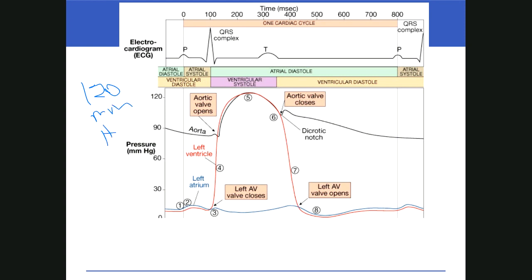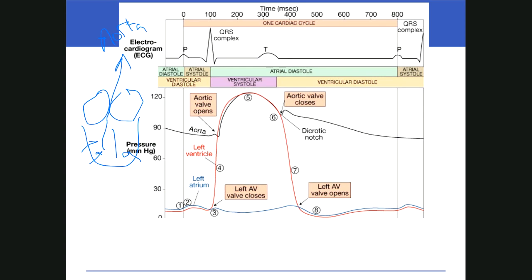Make sense? Well, again, think of this as squeezing. So in other words, when the ventricles start squeezing in like this, they're going to apply a lot of pressure to that blood, and it's going to force the blood out. It's going to force the blood into the aorta. Well, as soon as you force blood into the aorta, look what happens to aortic pressure.